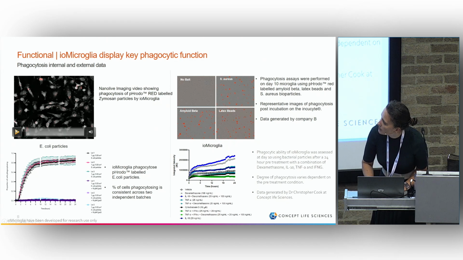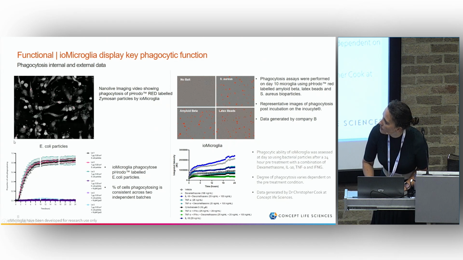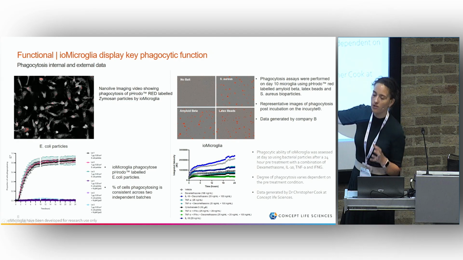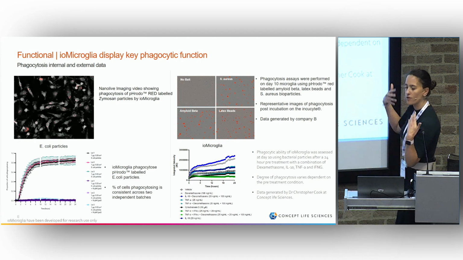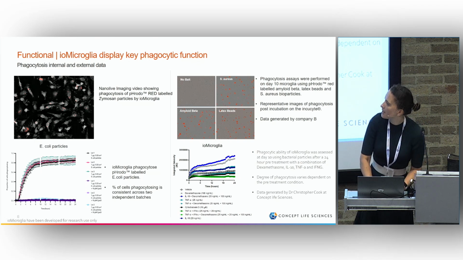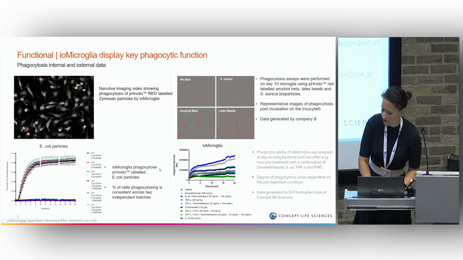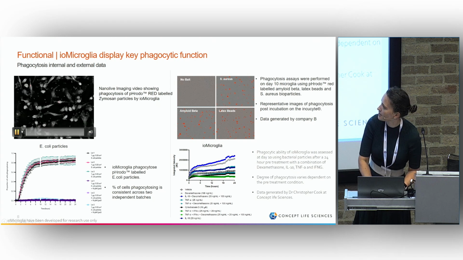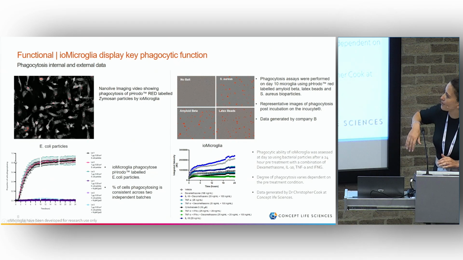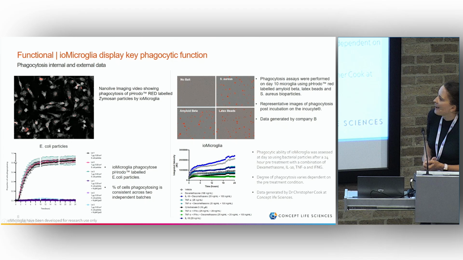If you just look in the corner here, you can see that these are Frodo-labeled particles, so that when they're taken up in the phagosome, they don't fluoresce until they've been degraded, until that pH has dropped. And what's nice about the NanoLive is that you can see them being taken up and then fluorescing within the phagosomes if you just focus in that bottom right-hand corner, which is very cool.